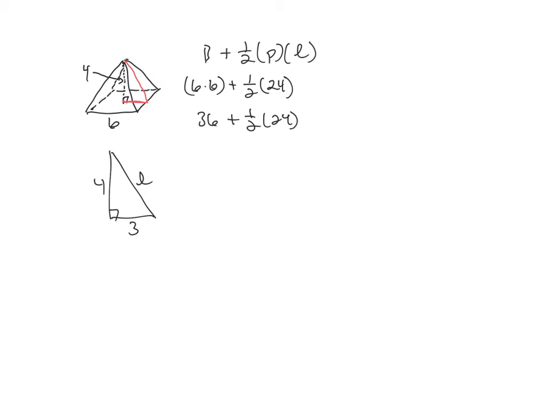Okay, so then this is a 3, 4, 5 triangle. Three squared plus 4 squared equals L squared.